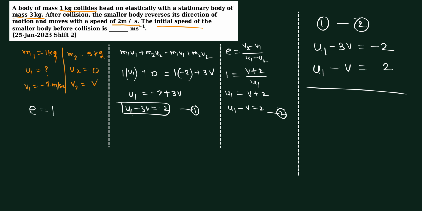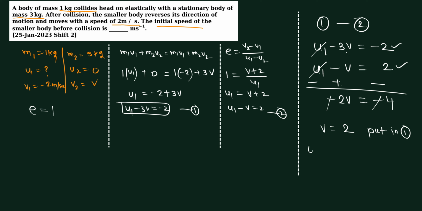So you have to subtract it. While subtracting you have to change the signs, minus plus minus. u1 gets cancelled, minus 3v plus v is how much? Minus 2v. Minus 2 minus 2 is how much? Minus 4. Both sides minus minus cancel. v equal to 4 by 2, so v equal to 2.